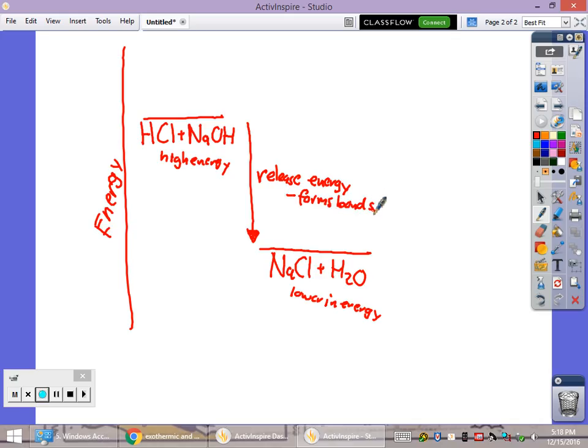And that release in energy we see because it gave off heat.